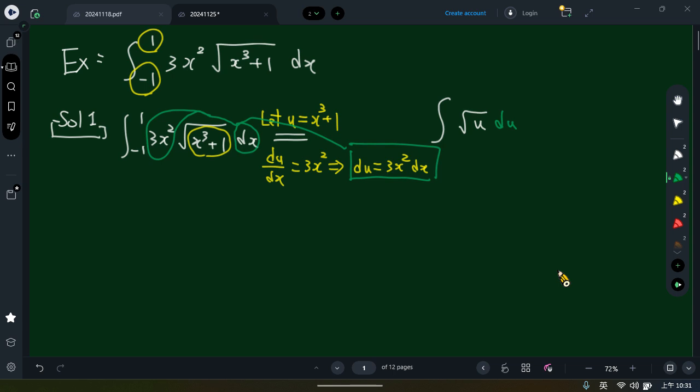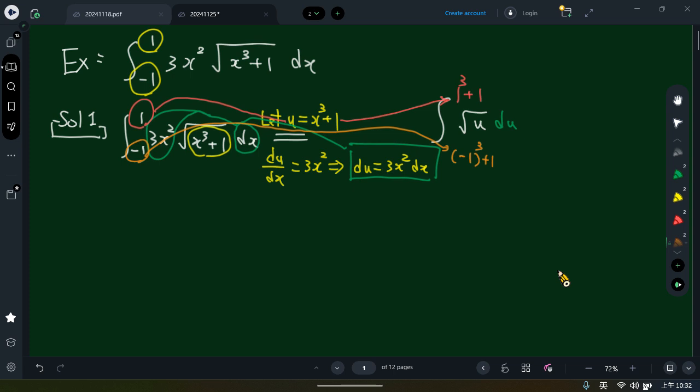But remember, this is a definite integral, so we also change the limits for the integral. So here, my 1 should be replaced by 1 cubed plus 1, and minus 1 also through this one to become minus 1 cubed plus 1.